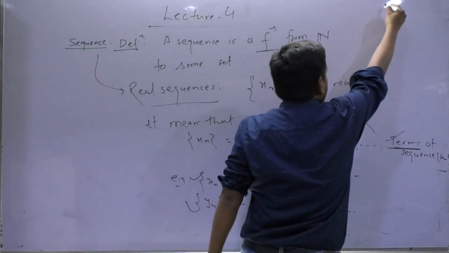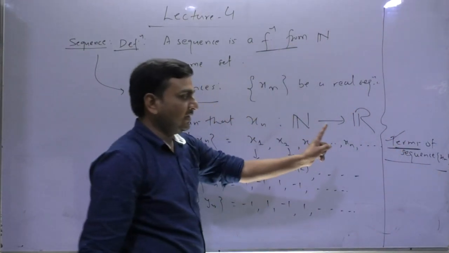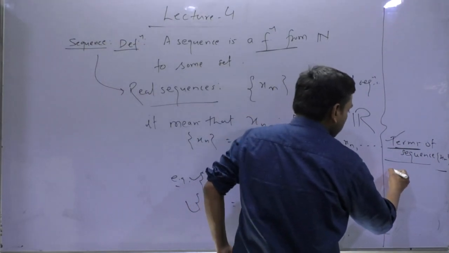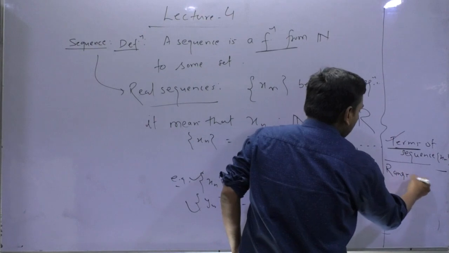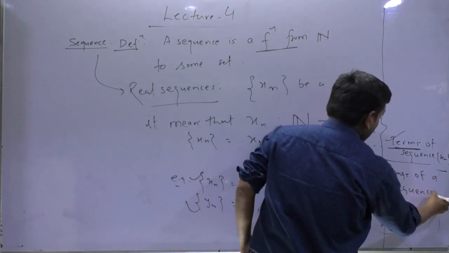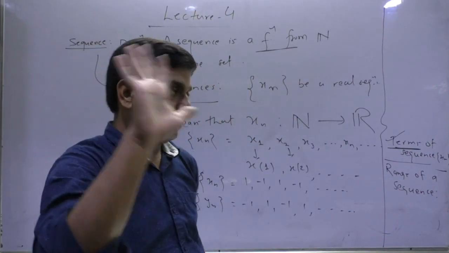Now I introduce one more term. One was terms of the sequence. The other term we use is range of a sequence. Please focus on these terms, otherwise you will not enjoy this chapter. I'm pretty sure.